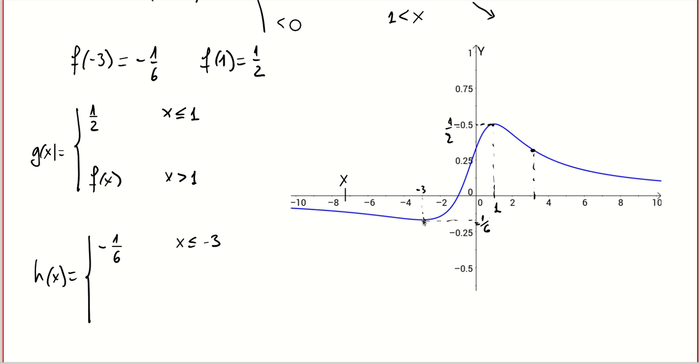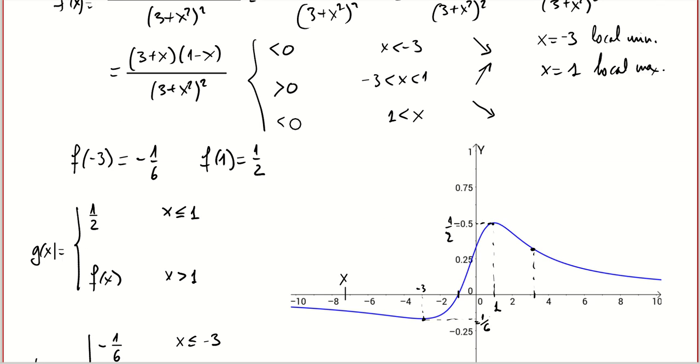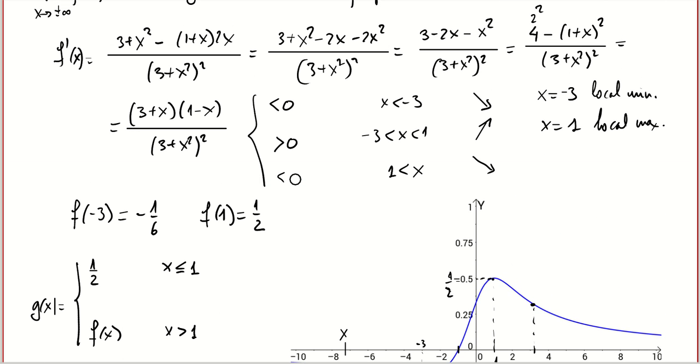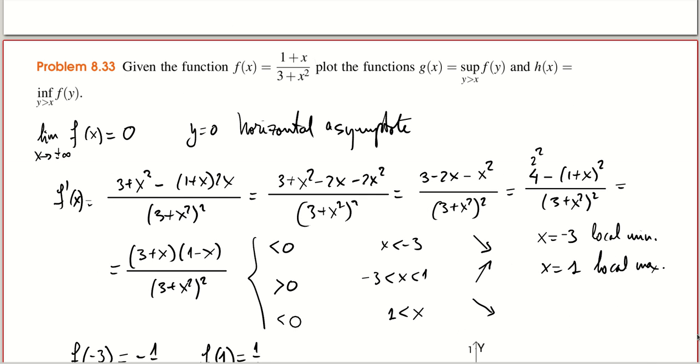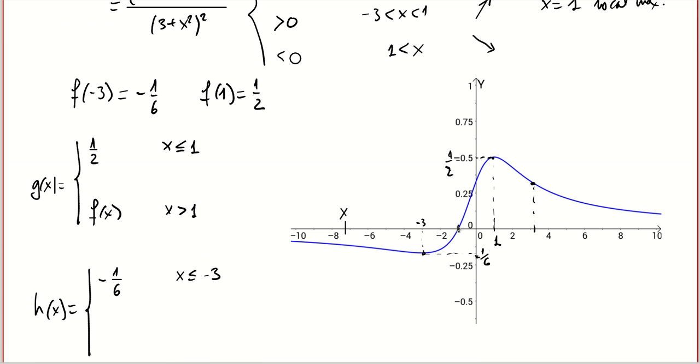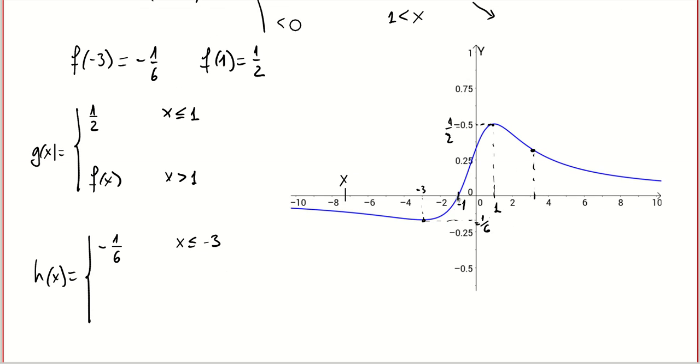Now, between -3 and this point here, let's see what this point is. This point is where the function is 0, and since f has 1 plus x in the numerator, x is equal to -1 at this point. So this point is -1. Up to this point, the infimum of the function is just f of x, the value of the function itself.